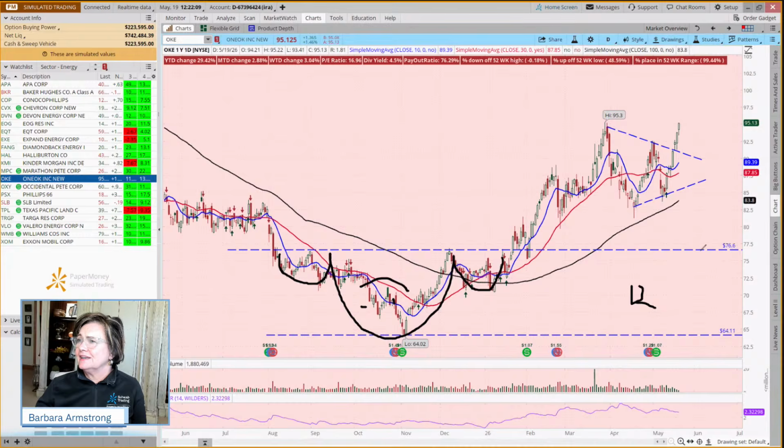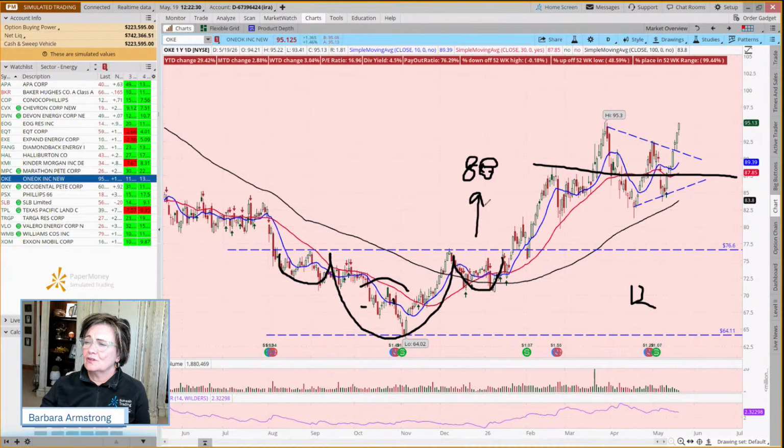We said 76, our target, we might have put a target in around 88. And would it have hit that? It would have. In fact, it went up to 95. So if we'd put in that as a target, $12 above, that would have worked out not too badly in the end.